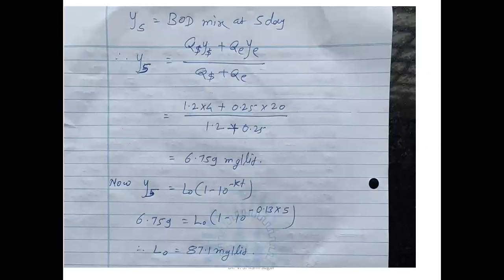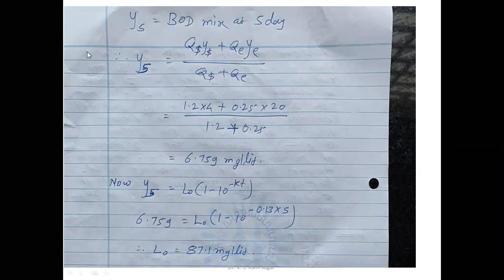Now we will solve. We know the individual characteristics of the effluent and of the stream. Now we need to find out the mixed characteristics. Because the wastewater is mixing into the stream, the self-purification and deoxygenation activities determine the dissolved oxygen sag curve.